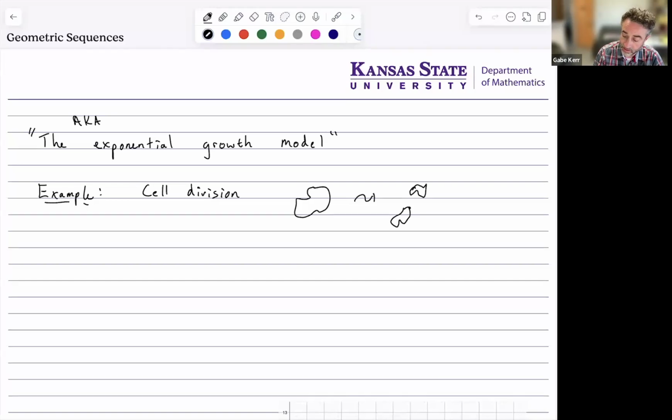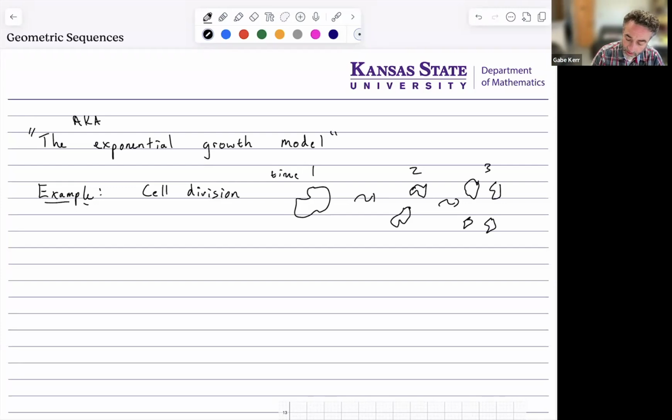This is time one, time two, and then each of those two cells split, and at time three you get four cells, and then each of those four cells split in two, and you get, well, how many? Eight cells.